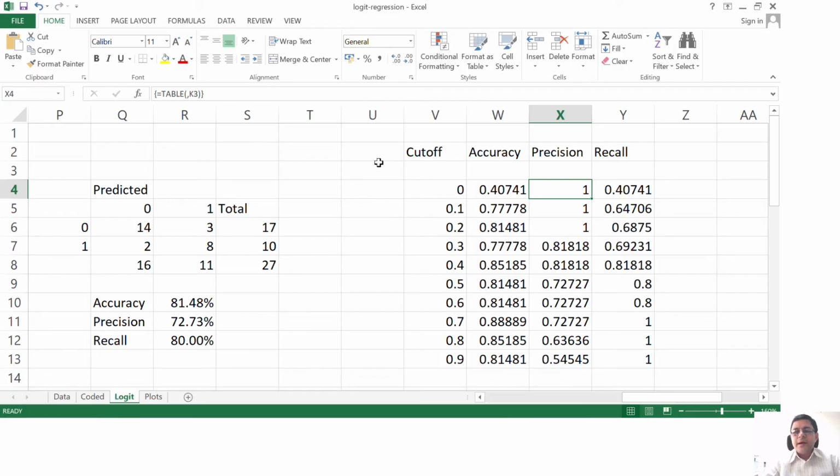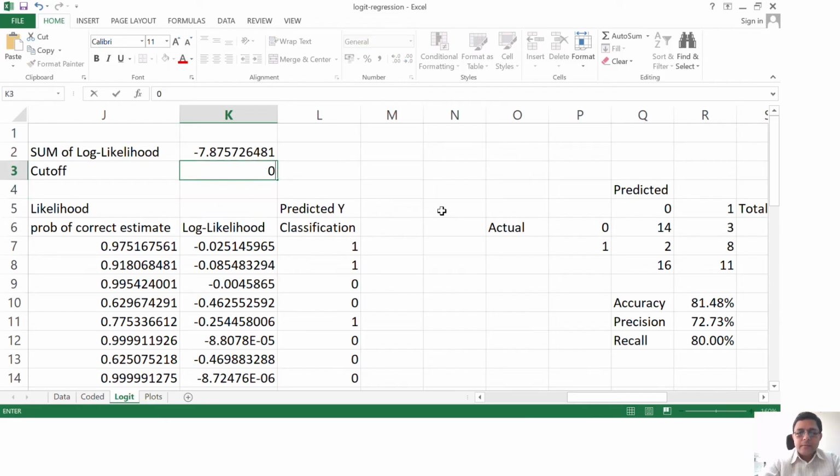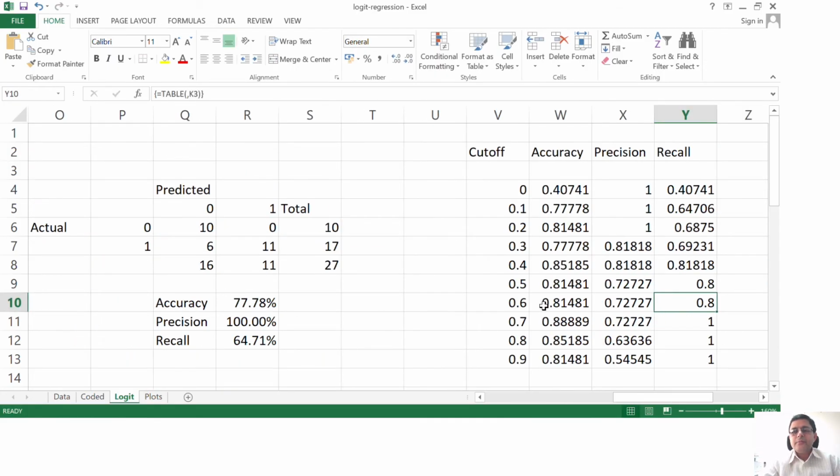When precision is quite large, the recall is quite low. When the recall is quite large, precision seems to be quite low, right? Expected, because that's how we defined them. All right. What do we need to do? We need to change the cutoff to, let us say, 0.1. Calculate all these values.